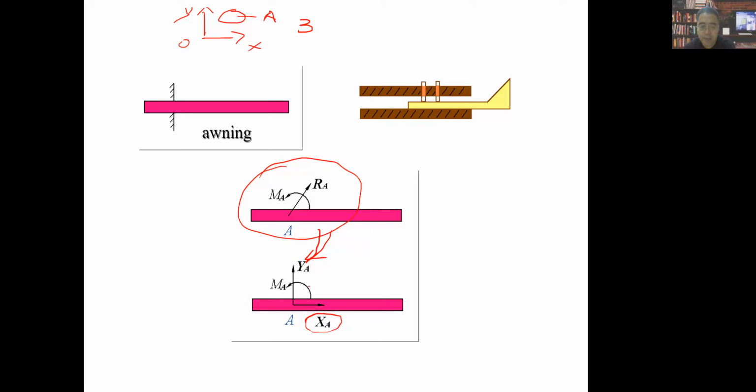And this MA, reaction moment, will prevent this kind of rotation from happening. Do you guys understand? So this fixed support in space, in not space, in plane.